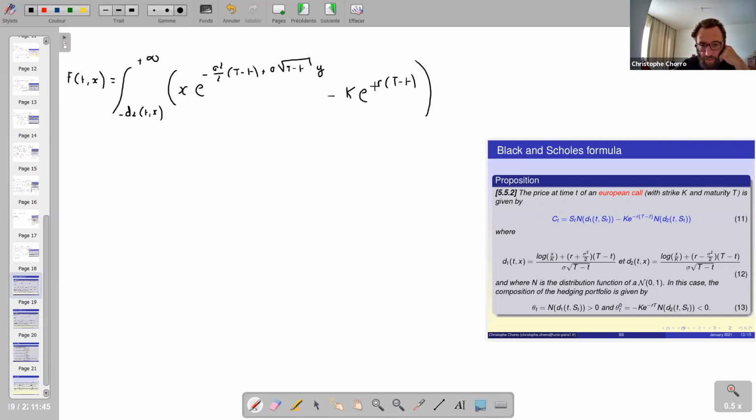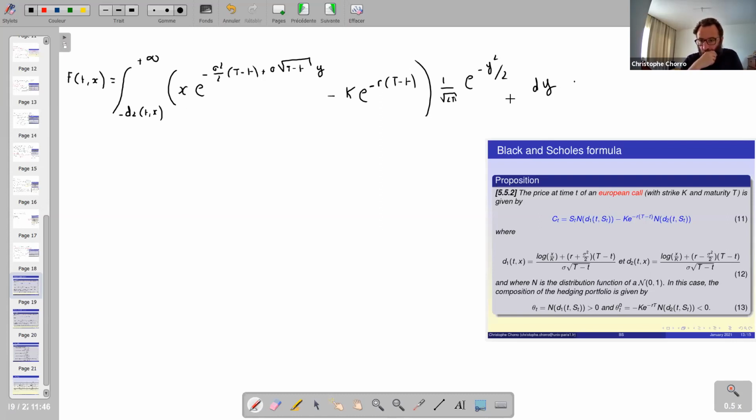I close my parentheses and I have a minus here, and multiply by the density of my N(0,1). So I have this.